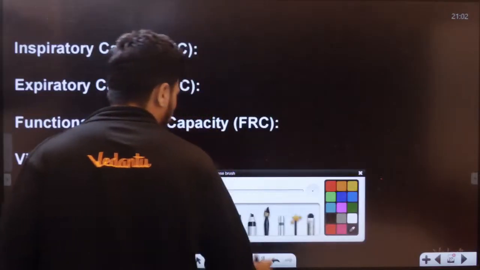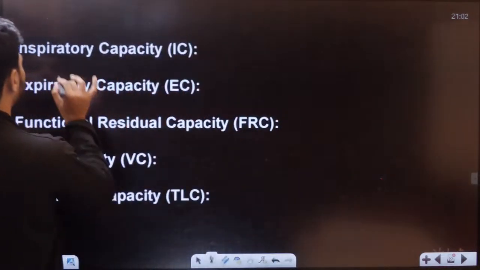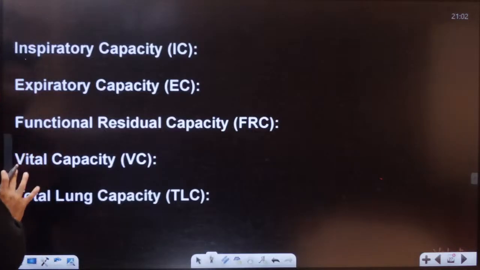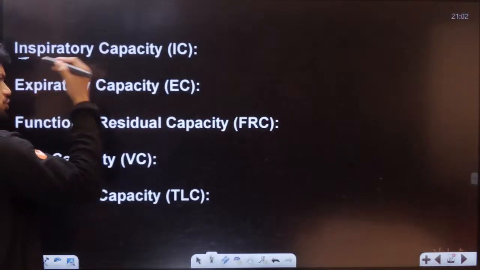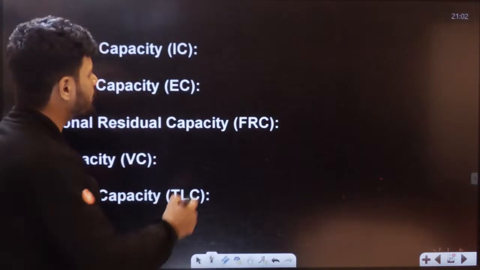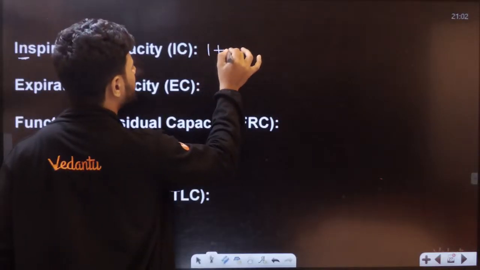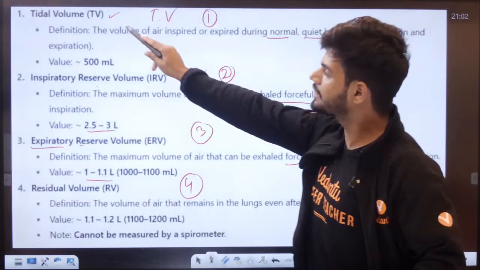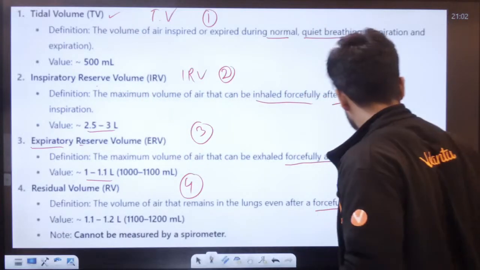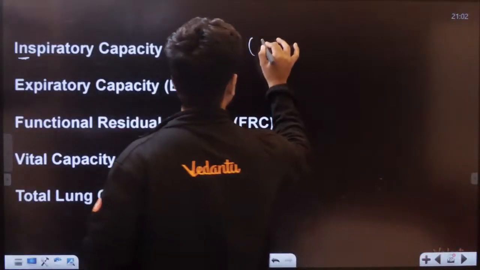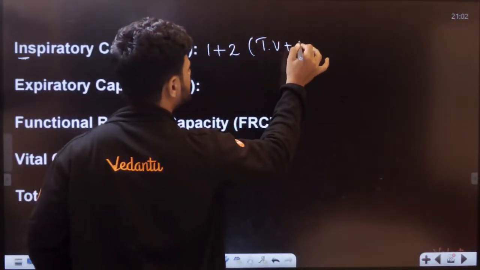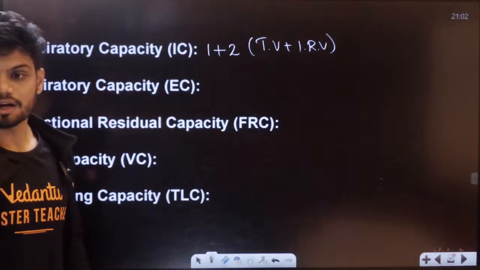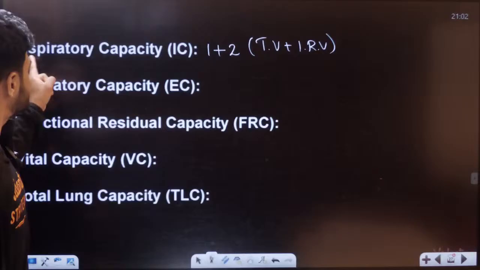Now, students, what do I mean by inspiratory capacity? Capacity. Inspiratory means some inspiration is happening. So here you add 1 and 2, that is tidal volume plus IRV, inspiratory reserve volume. If you add both, you get inspiratory capacity.